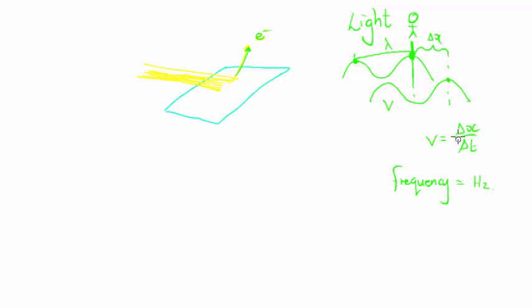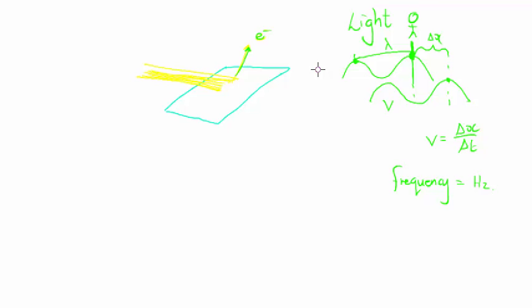Now, there's obviously a relationship between how many crests pass the point per second, and the velocity and the wavelength. The longer the wavelength, the fewer crests will pass every second, because if the wavelength is long, it's going to take long before I get to the next crest.